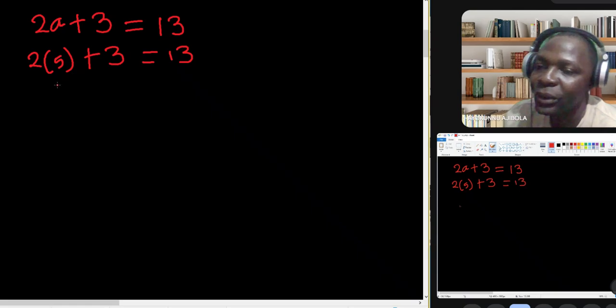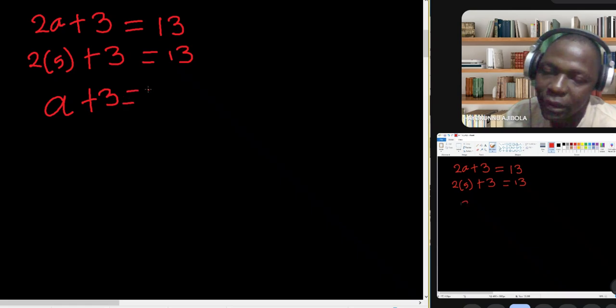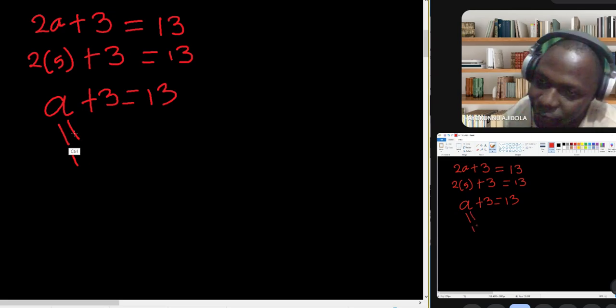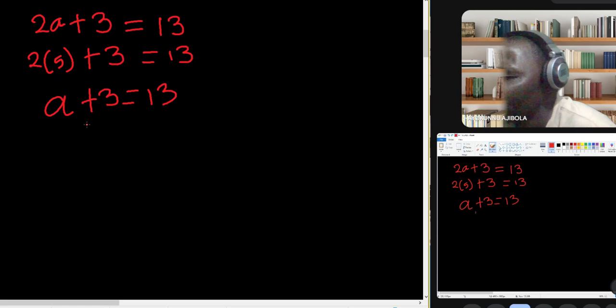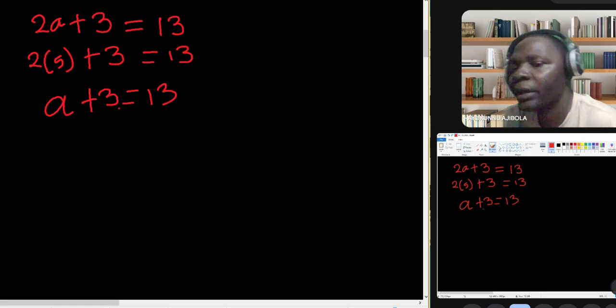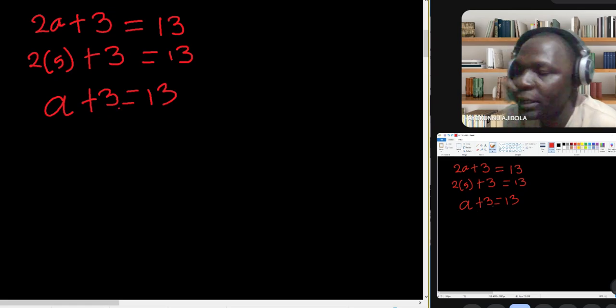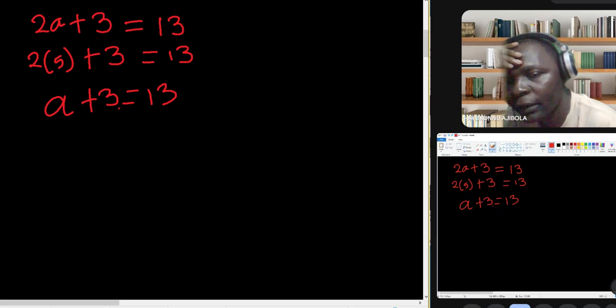Yeah. But if you say a plus 3 equals 13, then a must be what? 10. A must be 10. Do you understand? Yeah. So a can change. Any alphabet can change its value based on the equation we have, okay? And that's why any alphabet in algebra is called what?